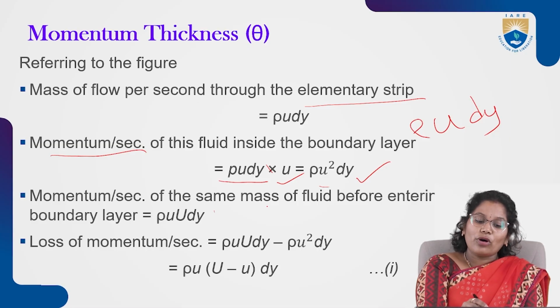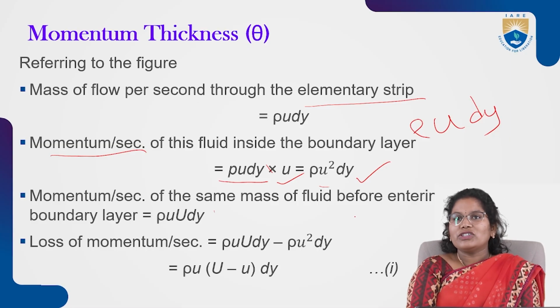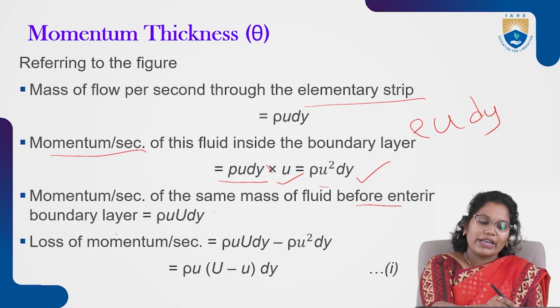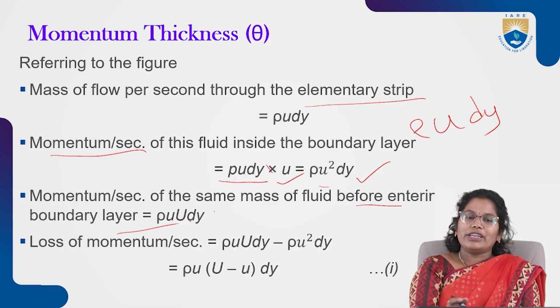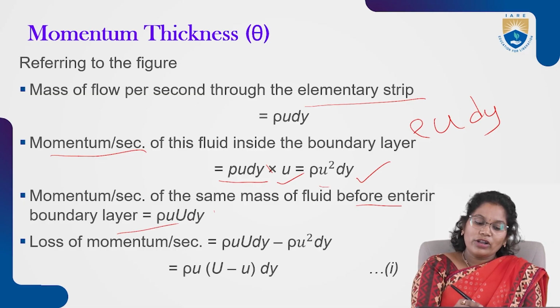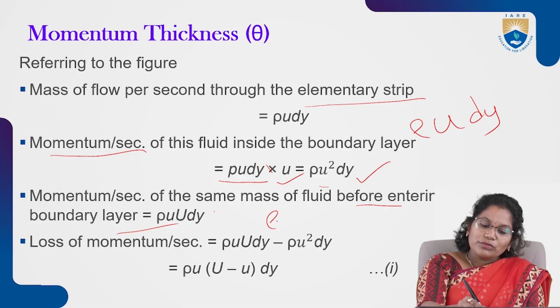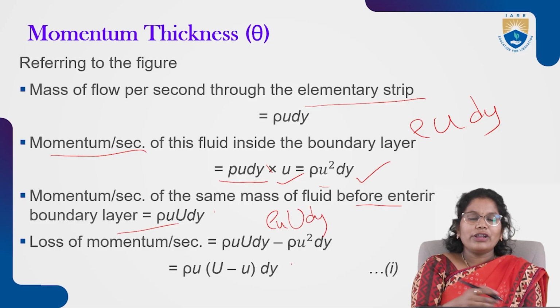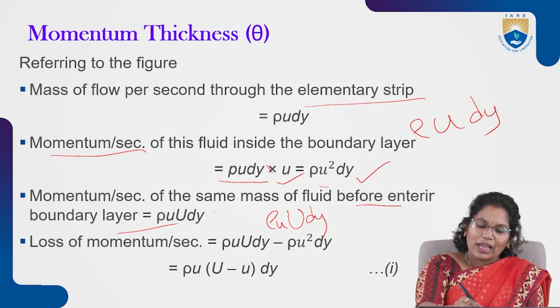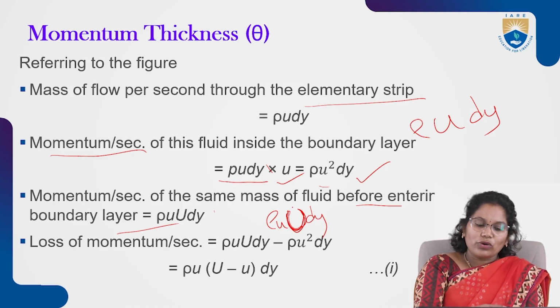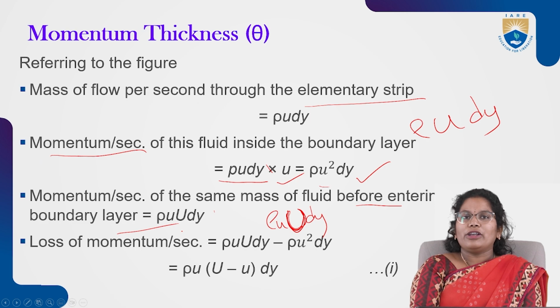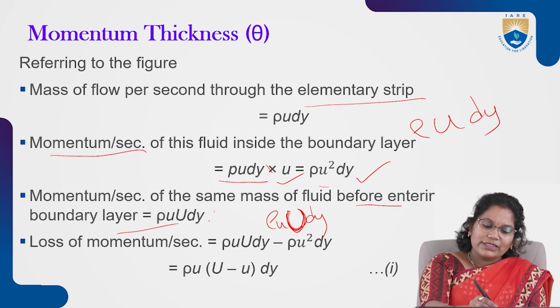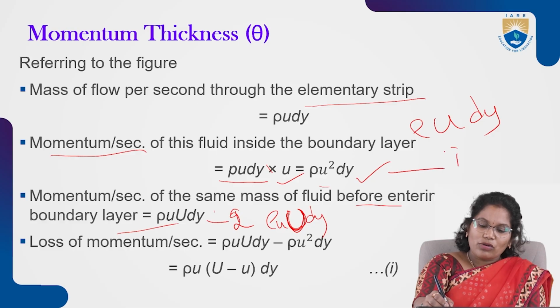Now the momentum of the same mass of fluid before entering the boundary layer: before entering the boundary layer means the velocity is capital U, so it is rho u into capital U into dy. This is equation 2, and here the equation is 1.